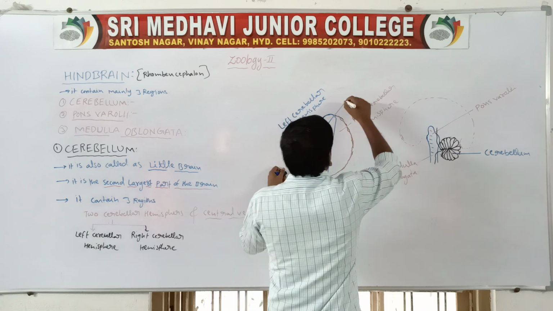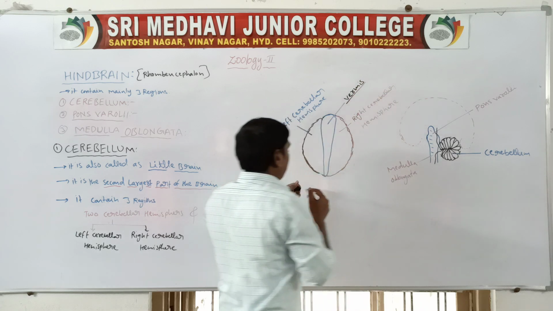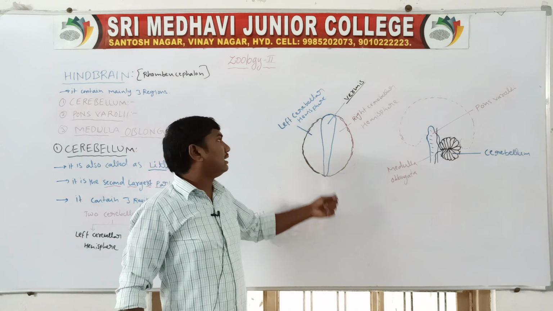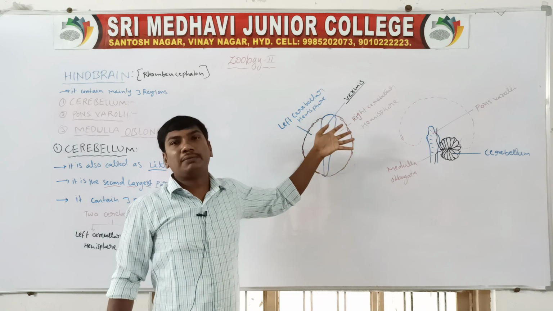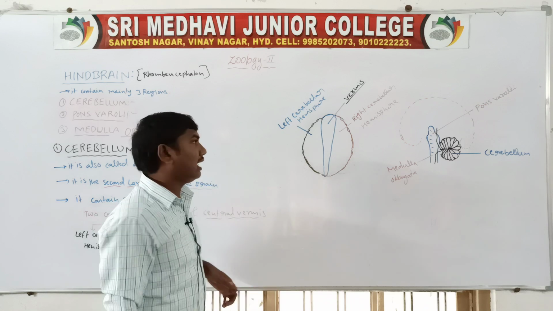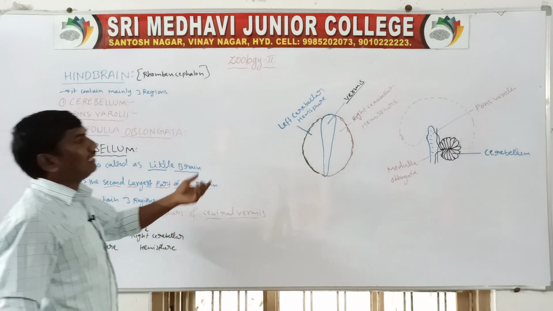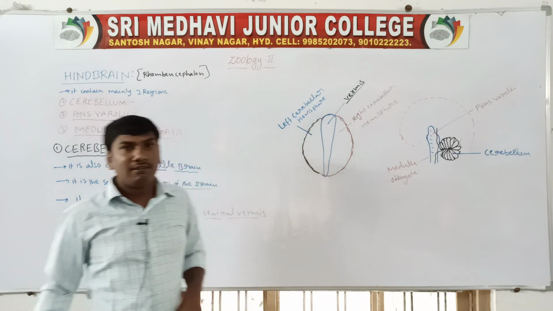So the cerebellum contains three parts: left cerebellar hemisphere, right cerebellar hemisphere, and central vermis.